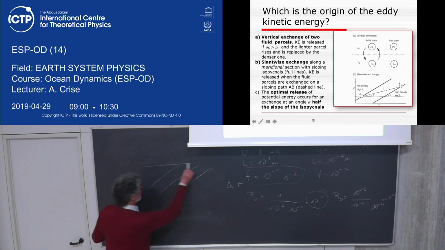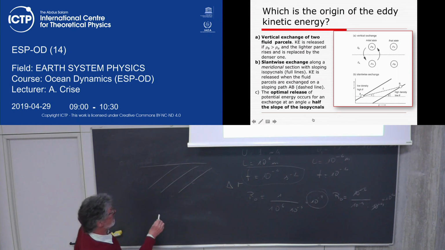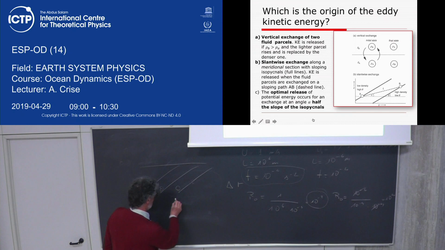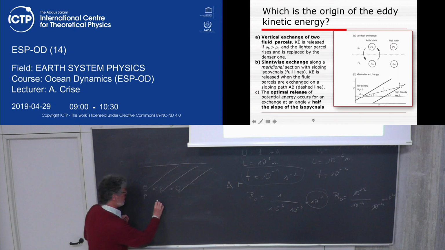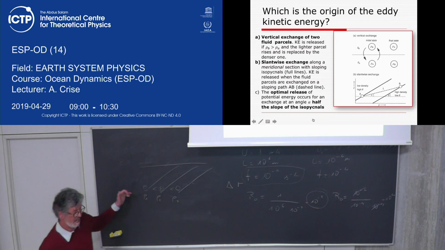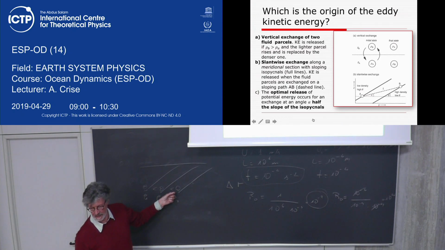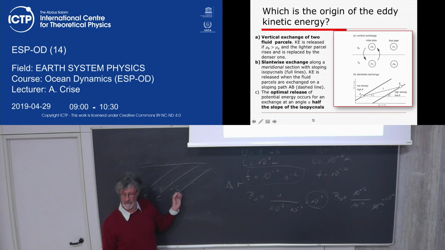So here the temperature is always less than this one, and so you can also think about that the density acts the same way, because at the moment we assume that density depends essentially on the temperature, and this is true because the equation of state for the density is largely dependent on temperature.